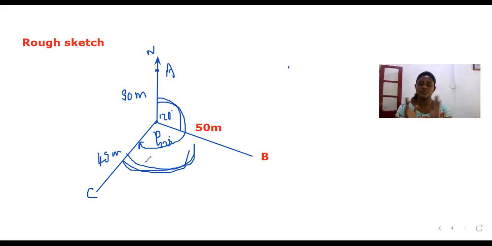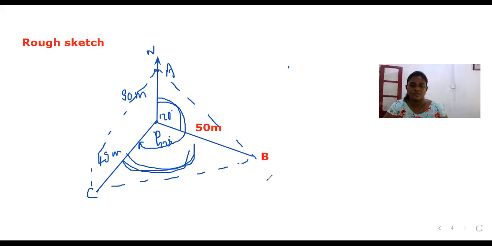Now we are going to draw the scale diagram for this, and find the perimeter of the figure. Once we are finding the perimeter, we want the sum of AB, BC, AC. Okay, this is our rough sketch. Now we want to consider a scale.